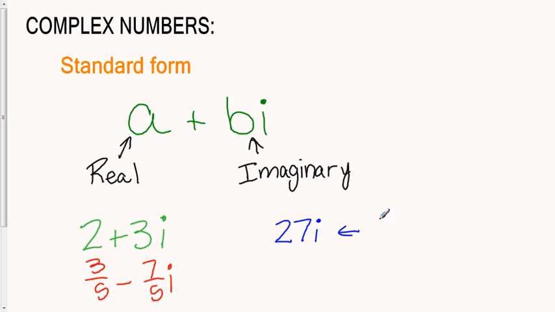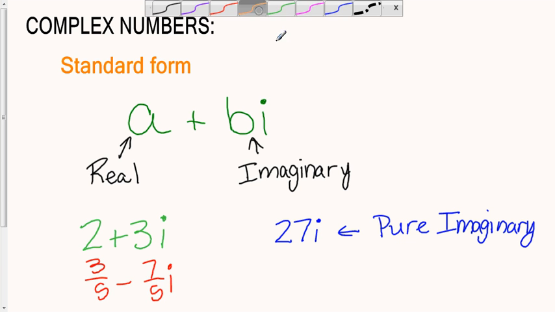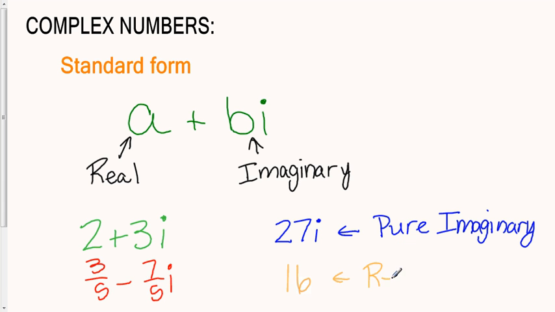This type is called a pure imaginary. And you can just have a plain old number, which is a real. And in this case, it's rational because it can be written as a fraction.